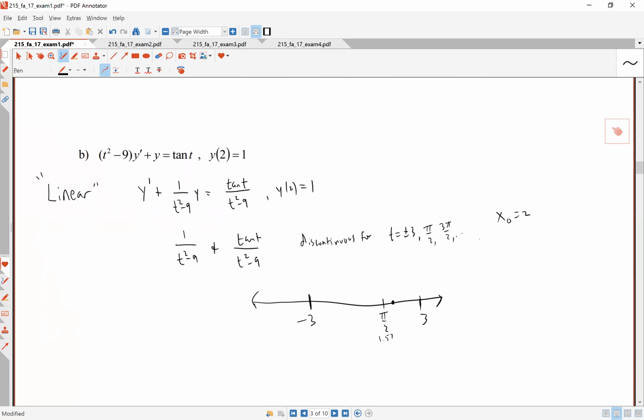So that's the largest interval containing the point t naught equal to 2 where both those functions are continuous: pi over 2 to 3. So the largest interval for existence and uniqueness is pi over 2 to 3.